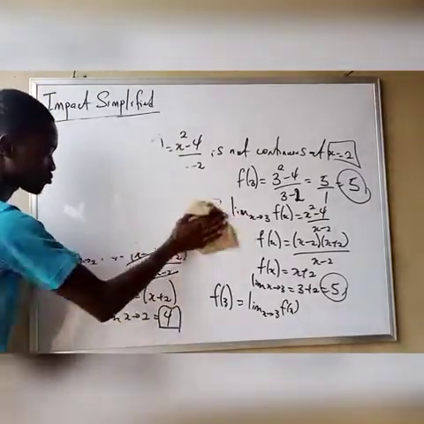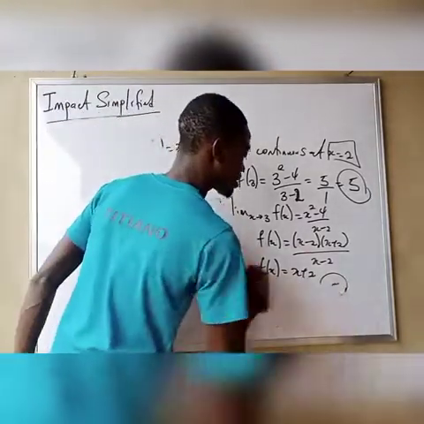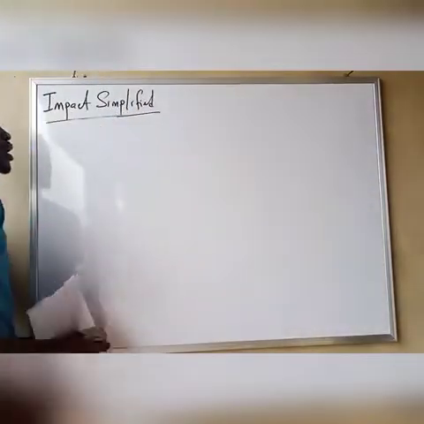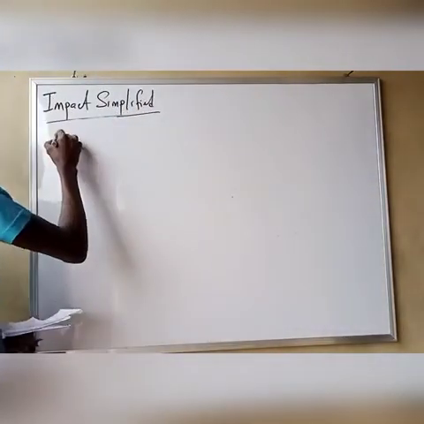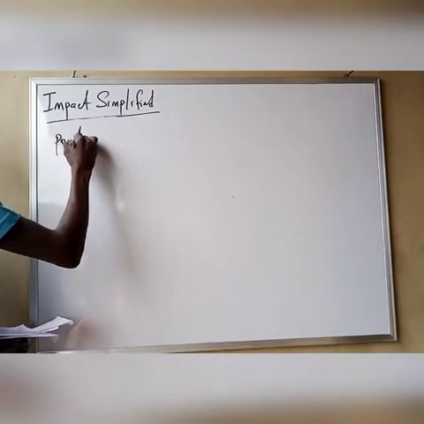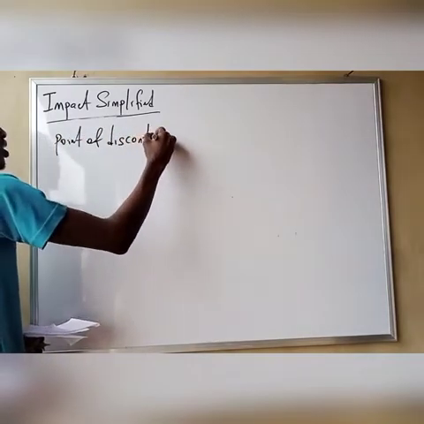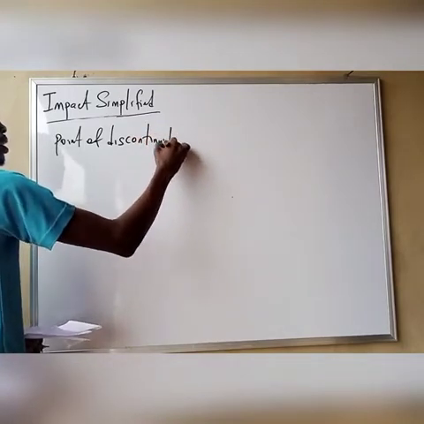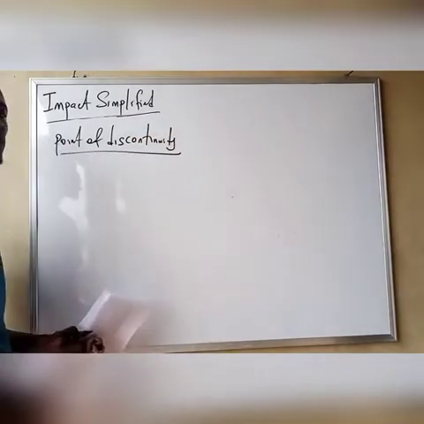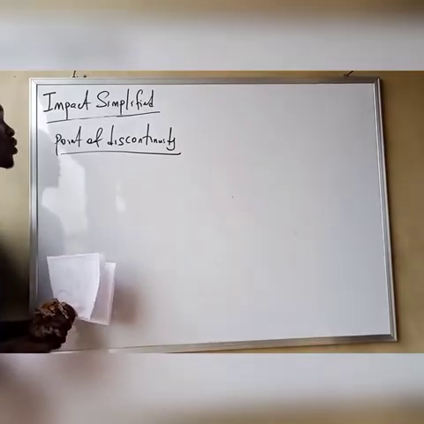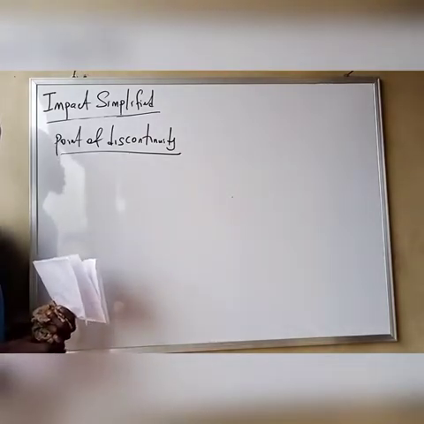So let's now look at the last aspect under this. The last thing we want to look at is the point of discontinuity. Now, the only thing we need to know concerning points of discontinuity is this. What do we term as points of discontinuity?